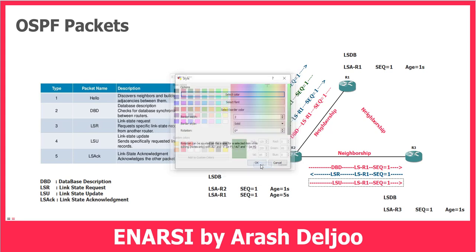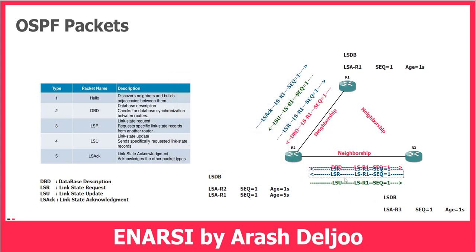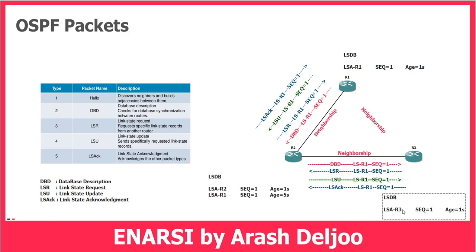After that, router 3 should send a link state acknowledgement, meaning I have received this update, please don't send it again. That's it. Now in router 3 we also have this link state of router 1 without any change, for example sequence 1, and age is 1 second.